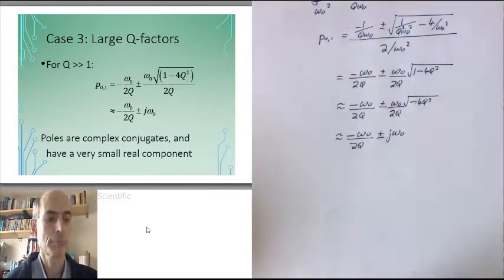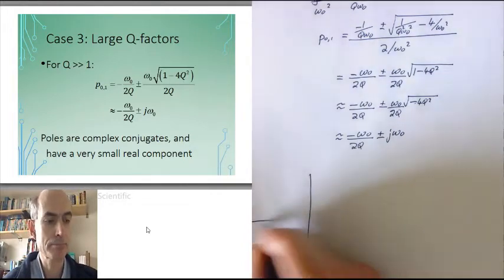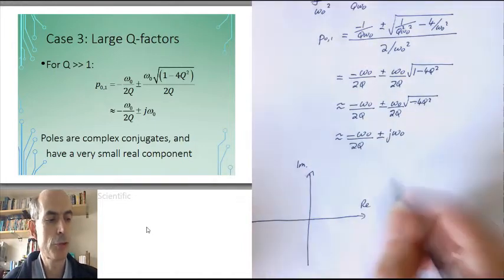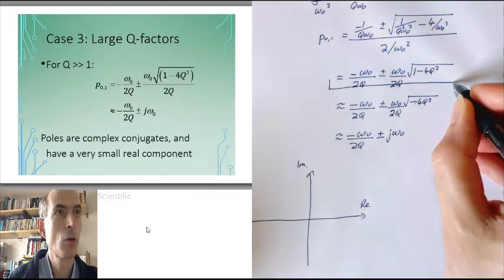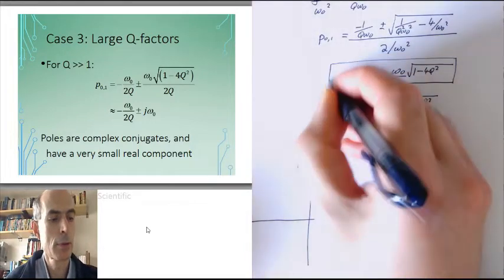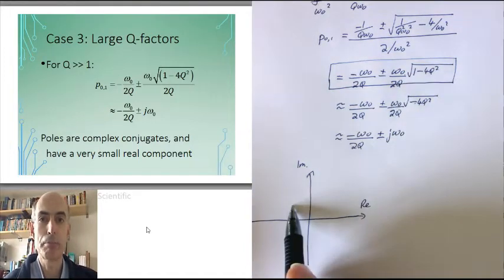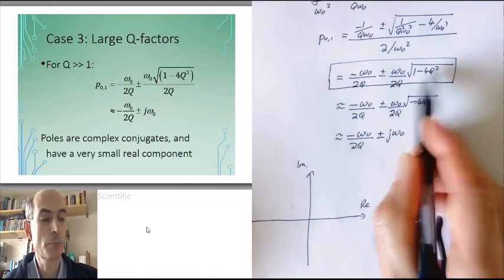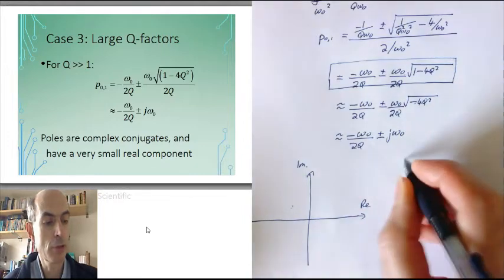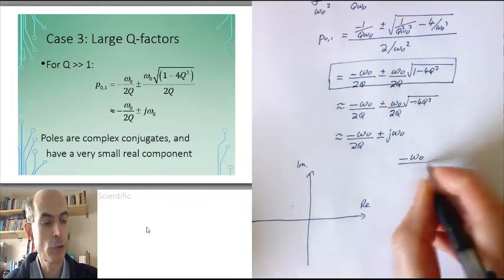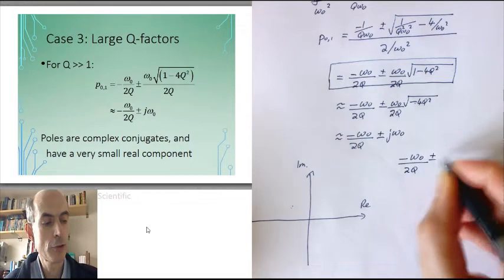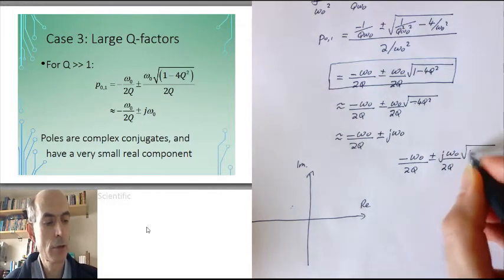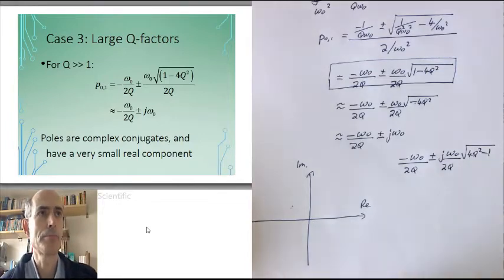So, let's imagine we've got an Argand diagram. There's the real axis, this is the imaginary axis, and we want to know where these poles are on the Argand diagram. Well, if 4q squared is much bigger than 1, then we can take this expression and write it as minus omega naught over 2q plus or minus j times omega naught over 2q times the square root of 4q squared minus 1.